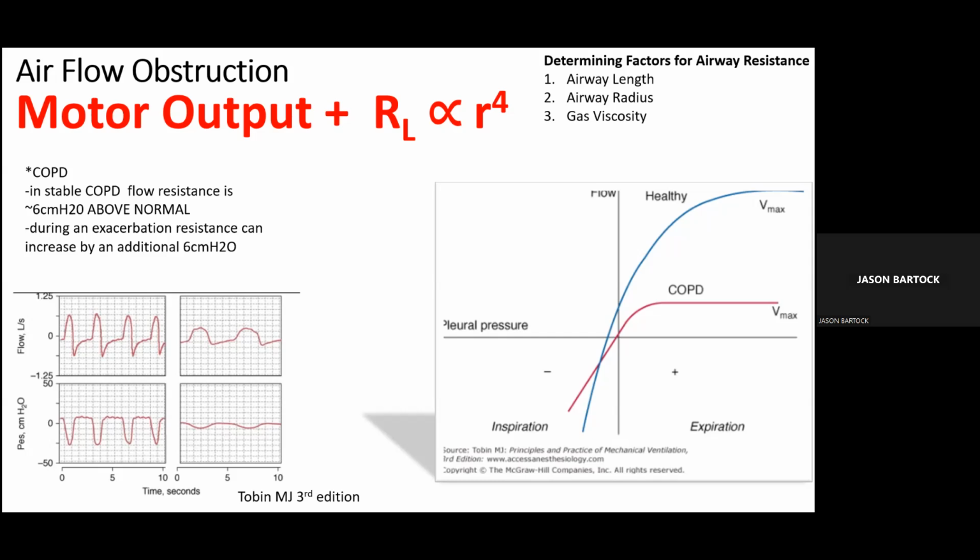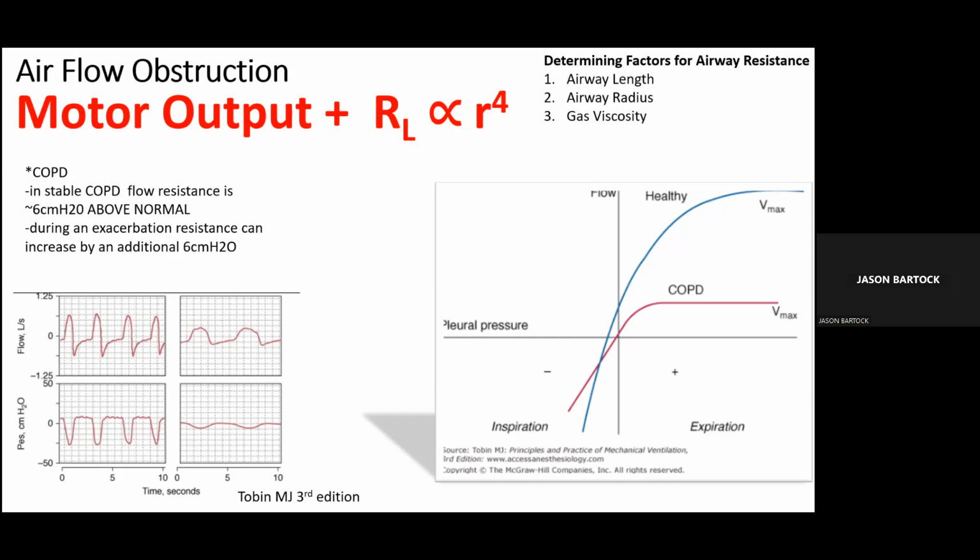On the right diagram, again, showing you this inspiratory to expiratory flow pattern, right? The blue line shows you a healthy individual, right? How easy it is during inspiration versus expiration up until you hit that plateau phase, right? Because all of us will have a limitation on how well we can exhale.